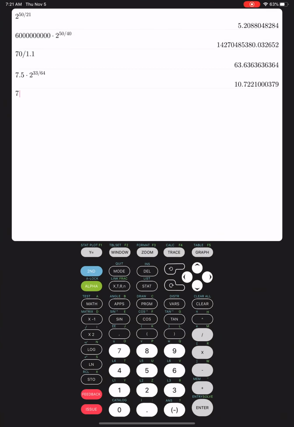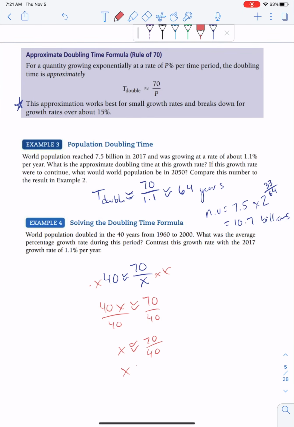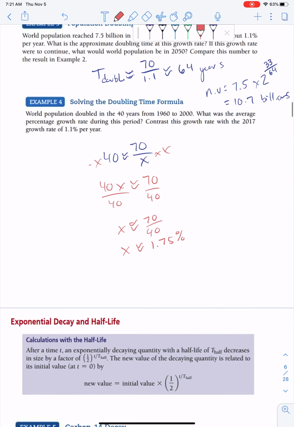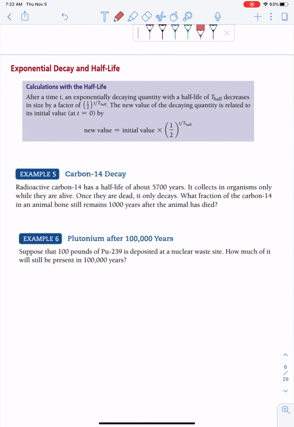So if I do 70 divided by 40, I get 1.75. So my population growth rate is approximately 1.75%. So I can find the percent using that same approximate doubling formula.